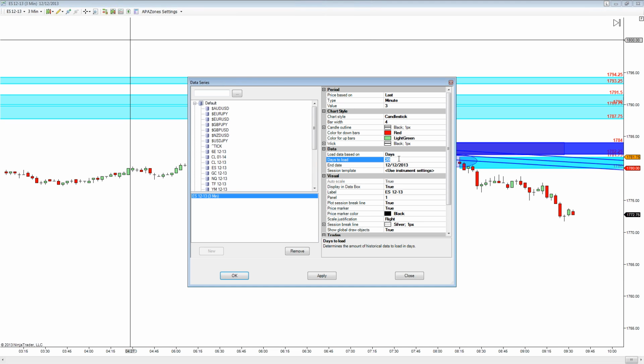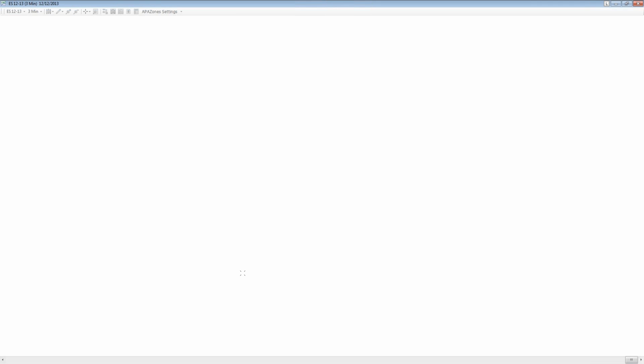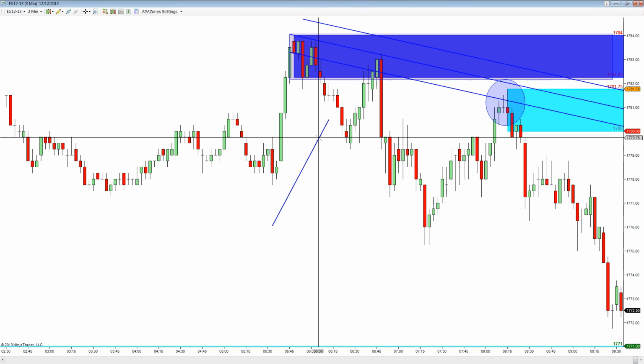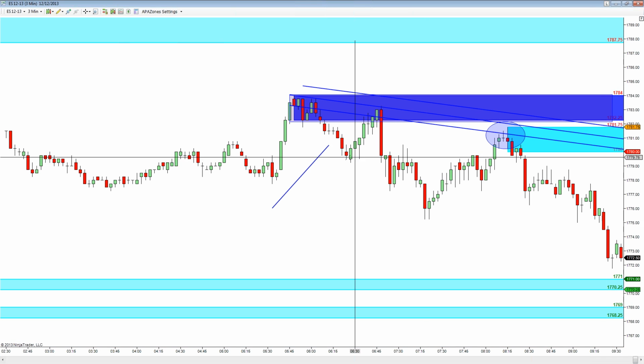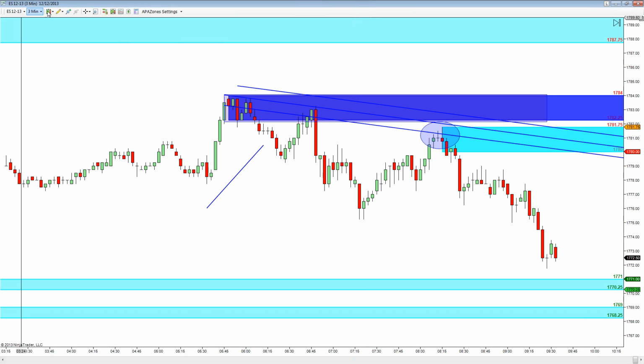We've optimized all the equations to a very high degree, so we can load in a whole lot more data very quickly. With 3 minute data, we're going to load in 60 days, and let's count. 1001, 1002. So it took about 2 seconds to load in 60 days of 3-minute data.